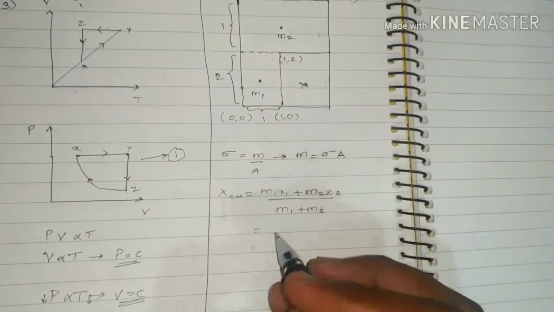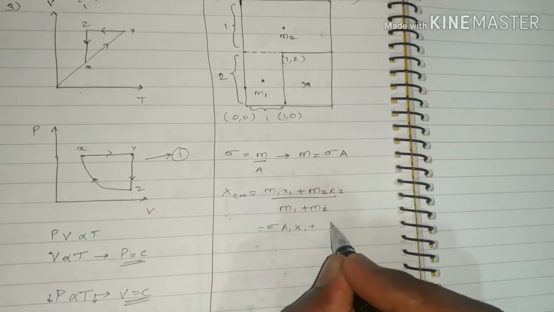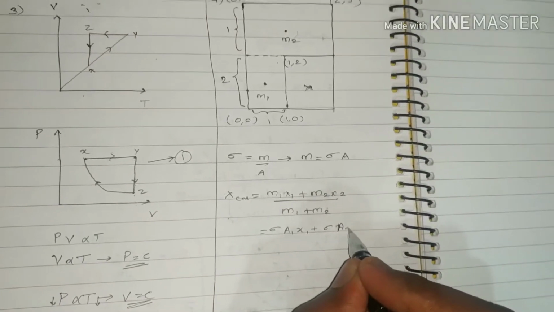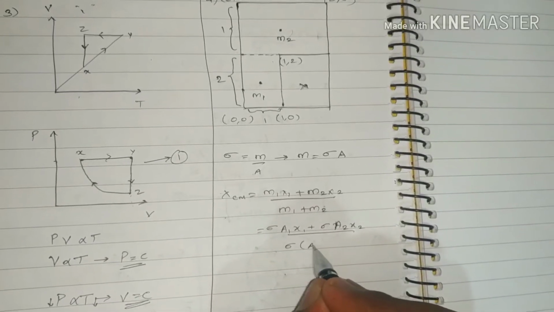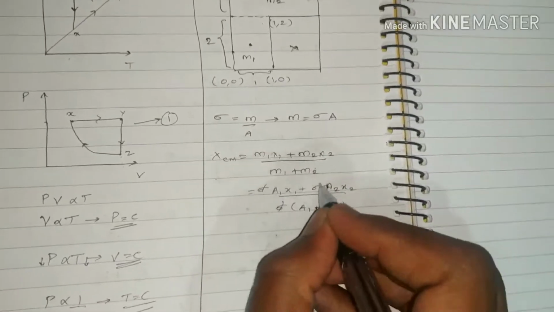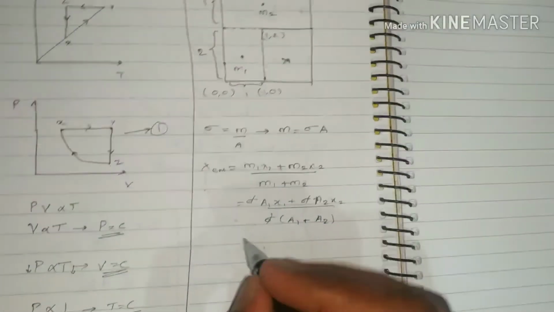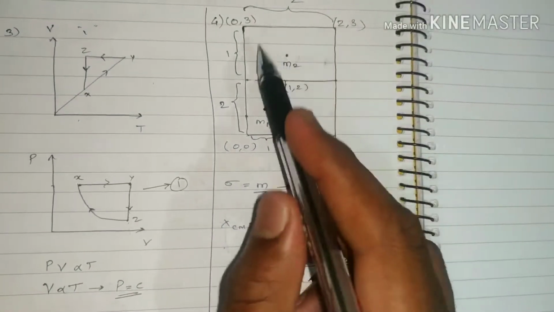Now instead of m, I shall substitute sigma into a1 x1 plus sigma into a2 x2 upon sigma multiplied by (a1 + a2). You can take sigma common and cancel them. Now let's substitute a1. a1 is the first area, a2 will be the second area.